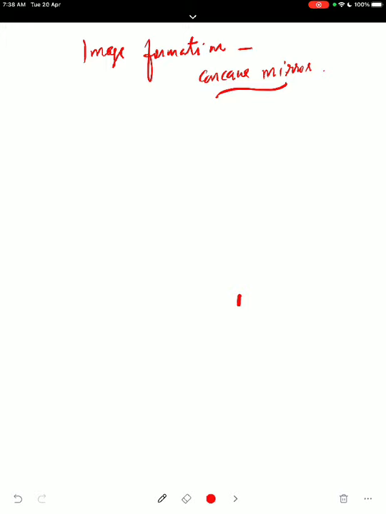So there are two types of images. First one is real image, and second one is virtual image. We use these terms frequently, so you have to recognize when we get a real image and when we get a virtual image.